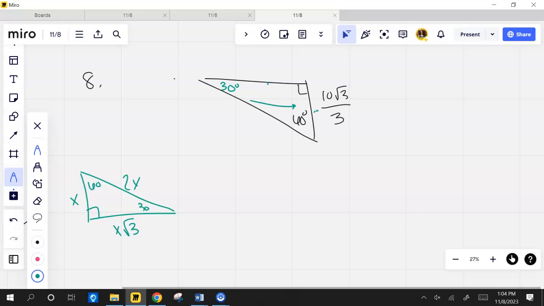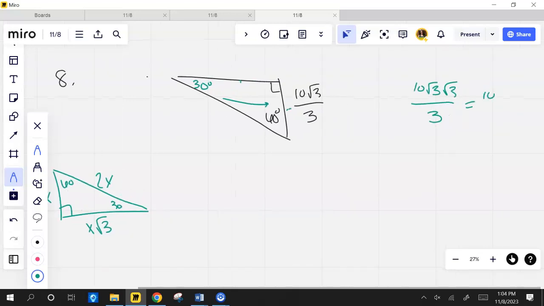Okay? So, means hypotenuse is always make your way back to the short leg and use that to form the rest of your triangle.